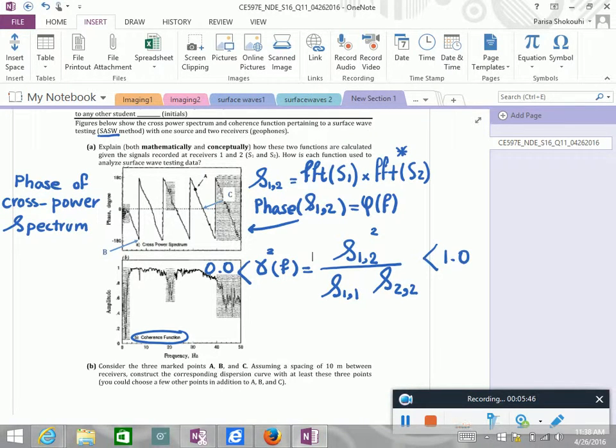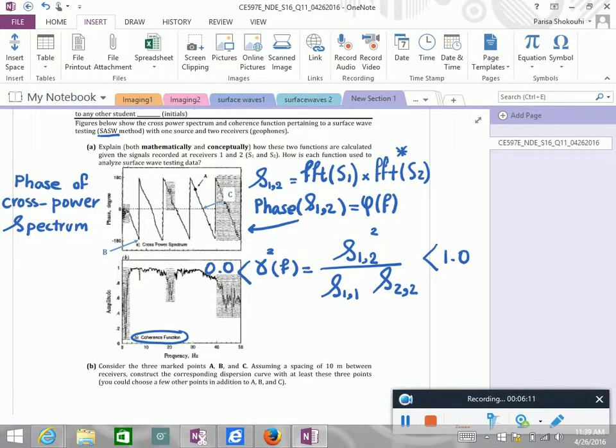And conceptually, now, what do they show? What is cross-power spectrum showing? This phase is showing the phase shift between S1 and S2, the phase shift between the signals recorded at one receiver and the other receiver. This is the concept.